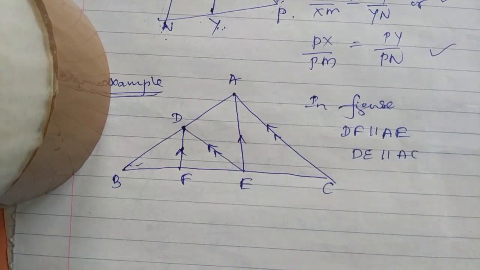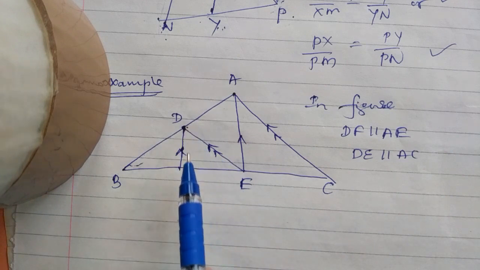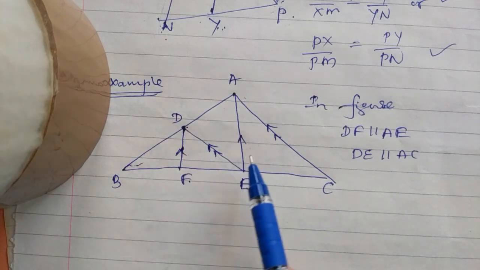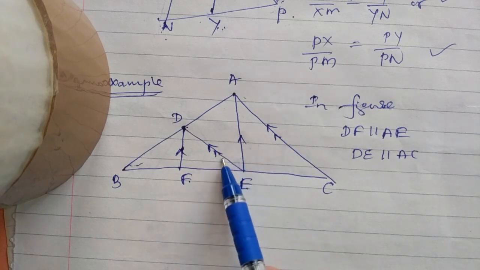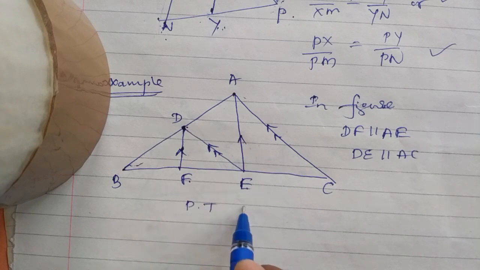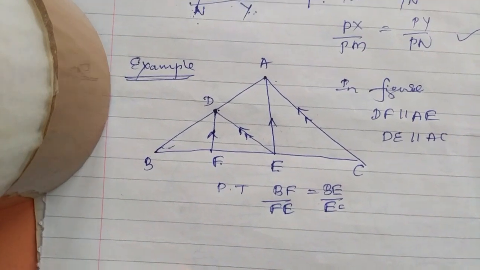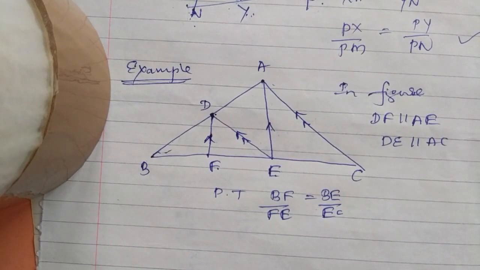There are two sets of parallel lines. DF parallel to AE, these two are parallel, and another pair, DE and AC, these two are parallel. Prove that BF by FE is equal to BE by EC. This is one of the important problems from proving using BPT.